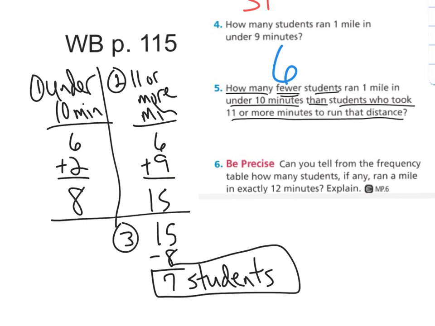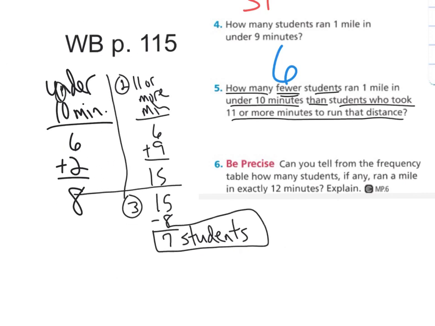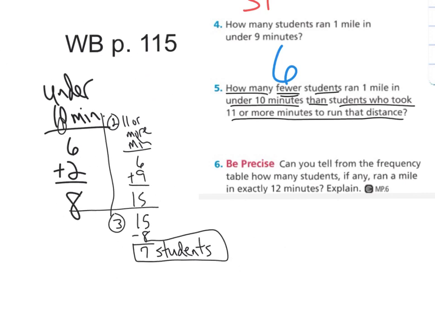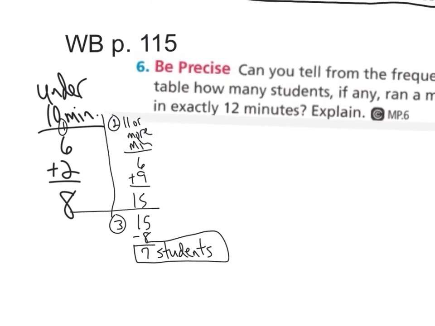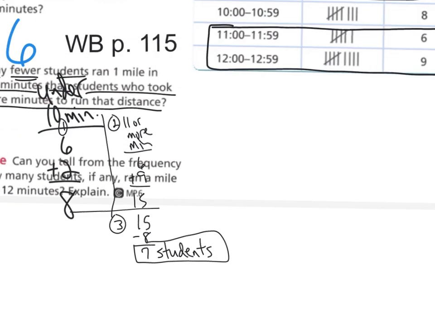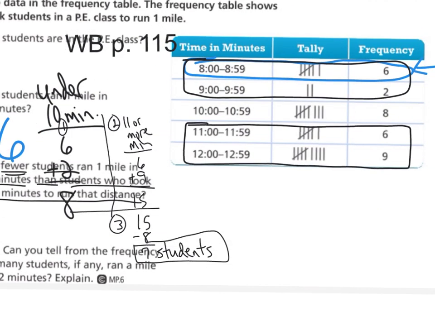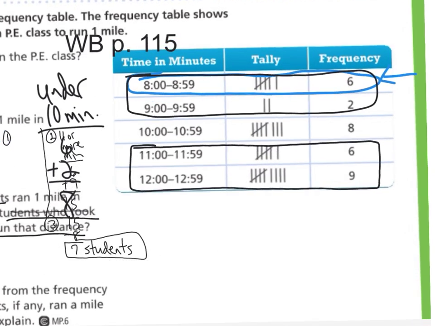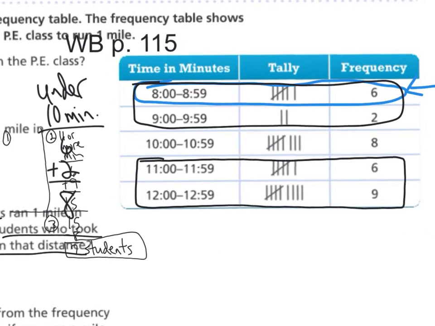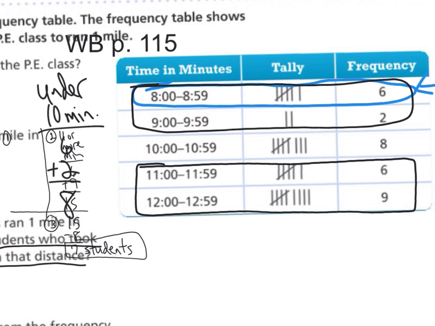Number 6 asks, can you tell from the frequency table how many students, if any, ran a mile in exactly 12 minutes? So if we're looking at this, can we tell how many people, if anybody, ran in exactly 12 minutes?